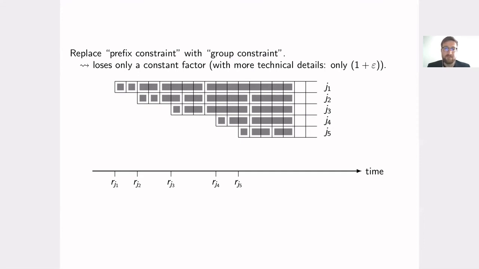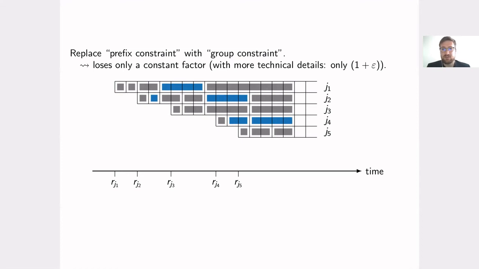And if you take one square from a group, you have to take all of them. But on the other hand, you don't have to satisfy the prefix constraint. So this, for example, would be a feasible solution here.